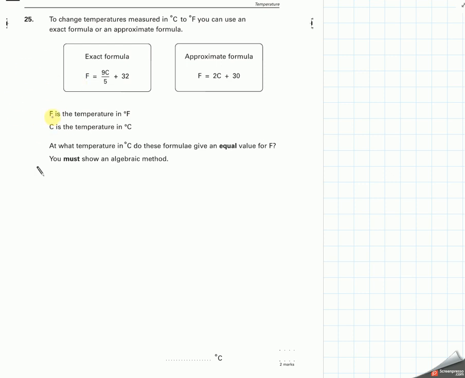Reading through the question, we're not actually being asked to use this formula in any specific way, apart from saying at what temperature in degrees C does the formula give an equal value for F. Notice you must show an algebraic method. That means that you're not allowed to use trial and improvement, and you shouldn't try drawing graphs to solve it. So no trial and improvement, and no graph. You must use algebraic techniques.